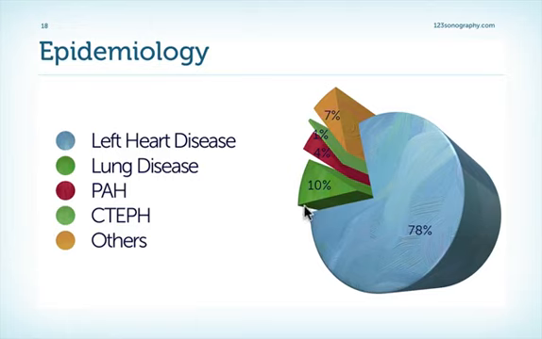So taking those two together, you will identify almost 90% of causes of pulmonary hypertension. Pulmonary arterial hypertension accounts for 4%, and chronic thromboembolic disease you will find in 1%, whereas 7% of the cases remain multifactorial or unknown in their etiology.